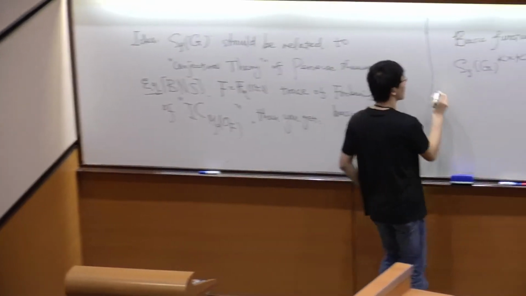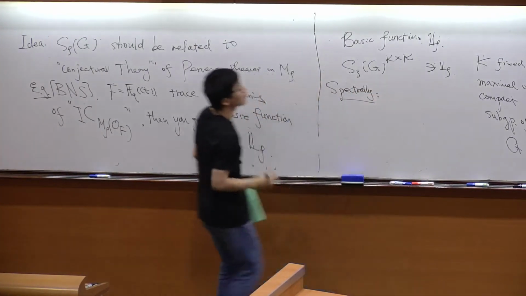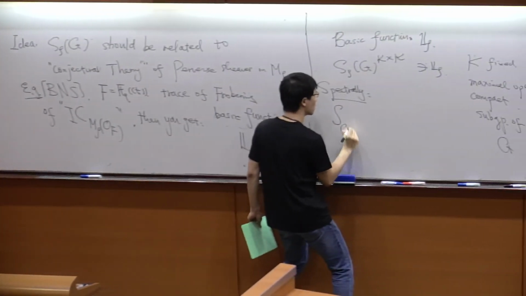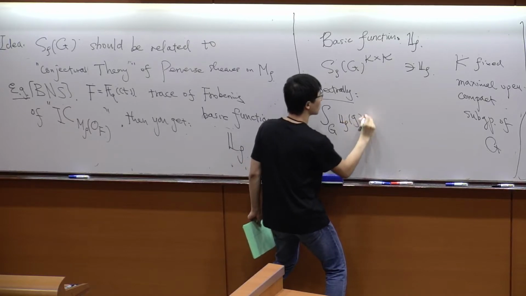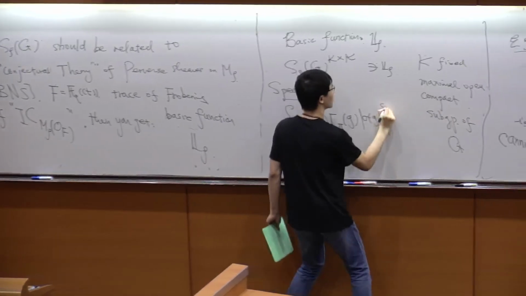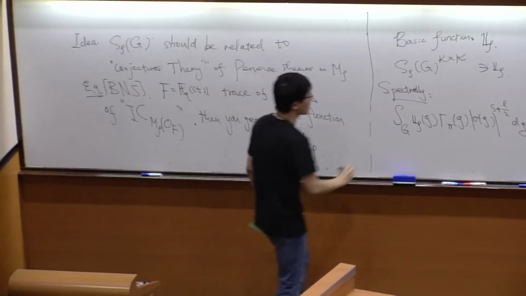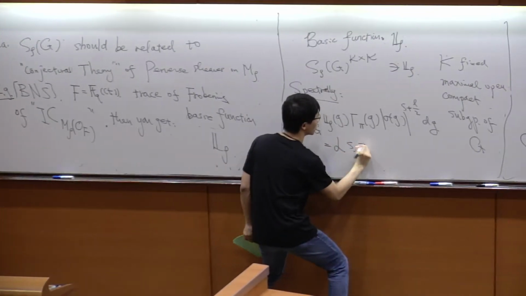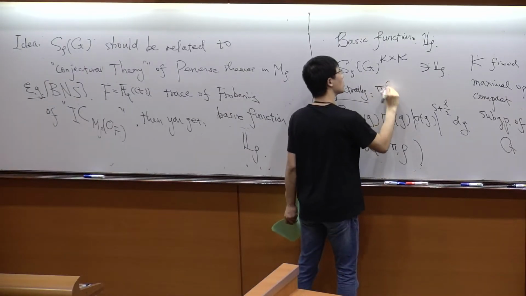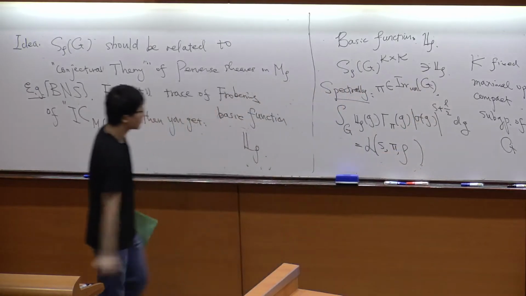So spectrally, if you plug the basic function into the zeta integral and pair it with the zonal spherical function, then you should exactly get the standard unramified L factor for pi unramified. Okay.